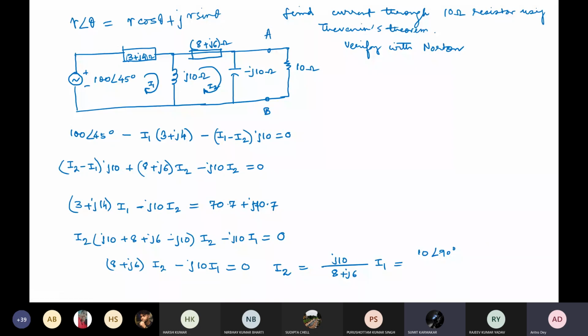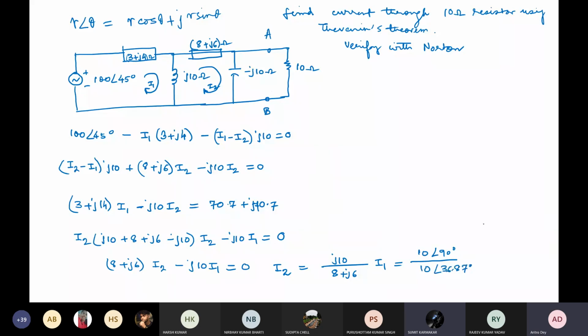And this one we can find out by converting again from rect to pole. So we'll select pole, then we'll put the value 8 comma 6. That turns out to be 10 angle 36.87 degree.